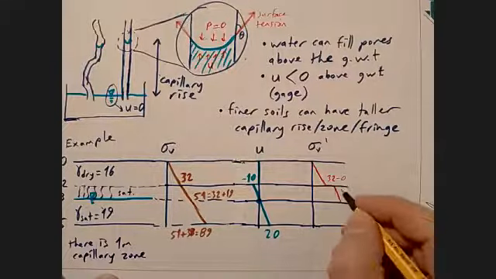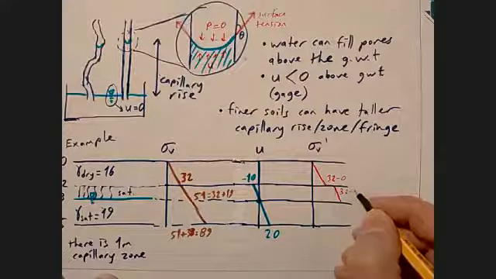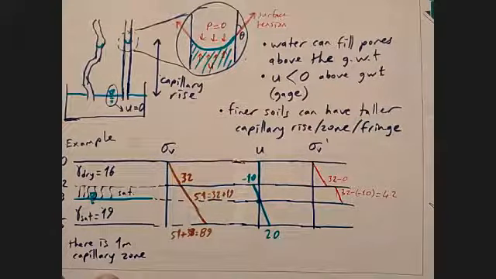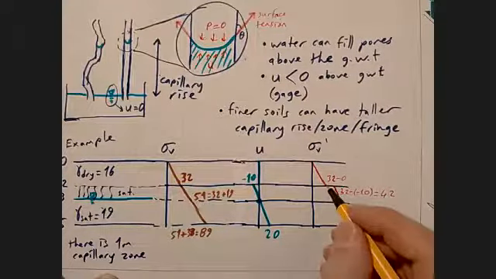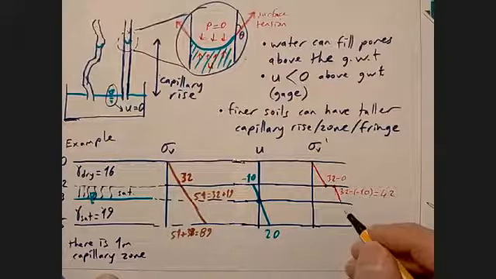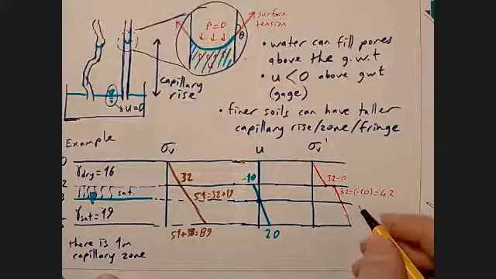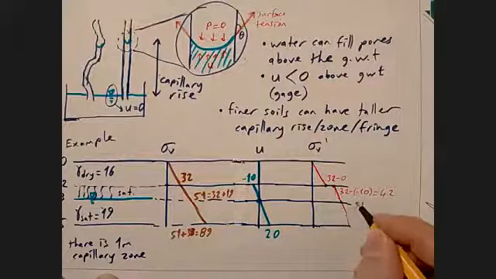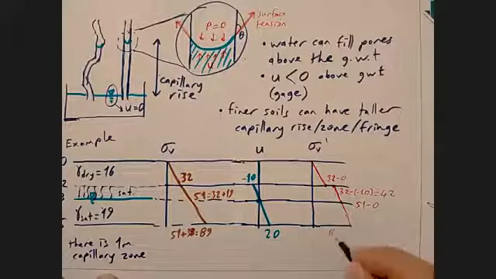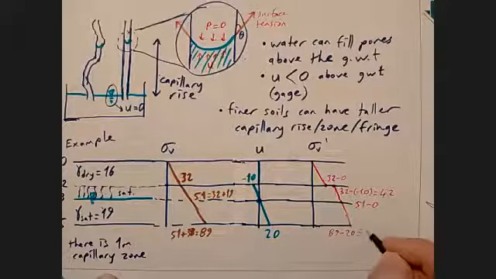Up here it is 32 minus 10, which is 42. So you actually have a discontinuity here. And then it continues from there. So here it is going to be 51 minus 0, and down here it is going to be 89 minus 20, which is 69.